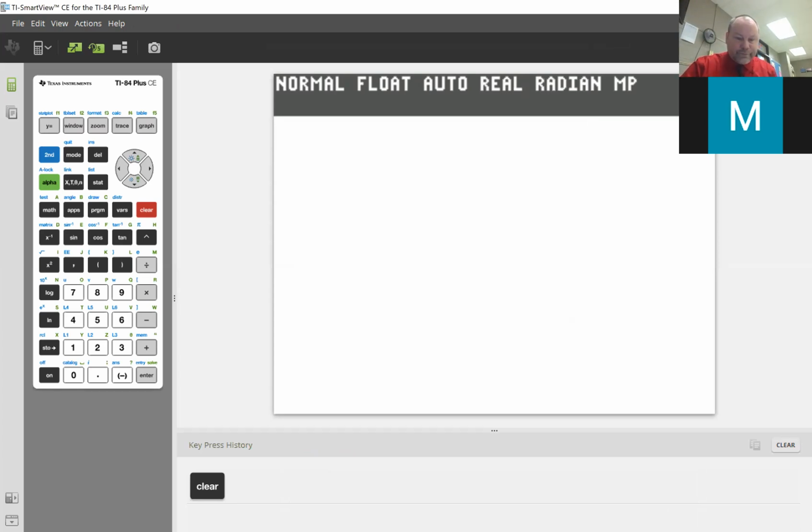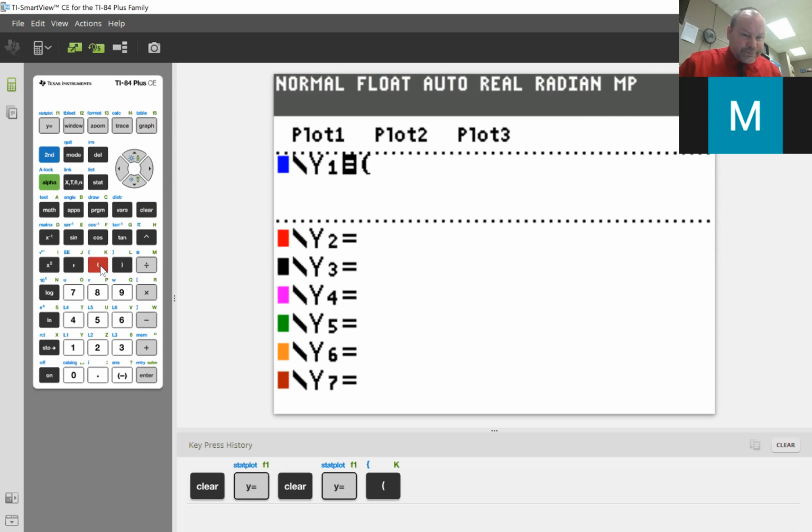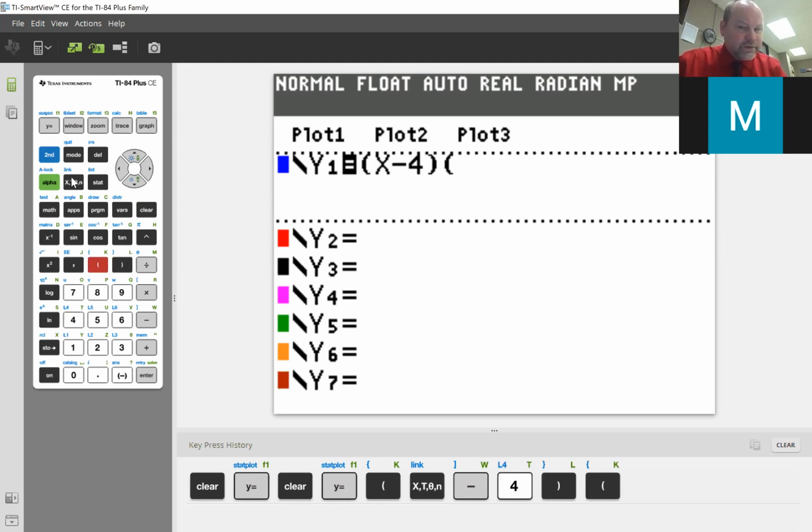So we're going to graph x minus 4, x plus 2. So I went to the y equals. I'm going to use the parentheses. X is right there next to the alpha button. Minus 4, x plus 2.